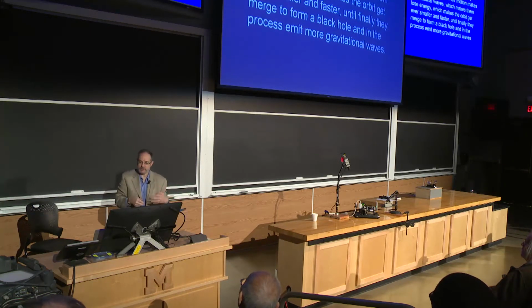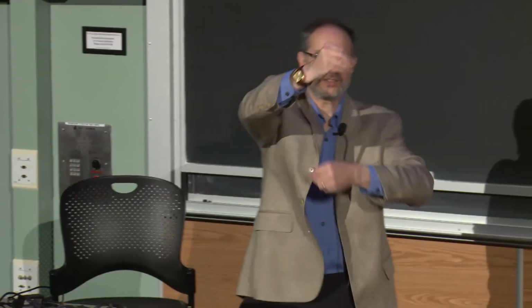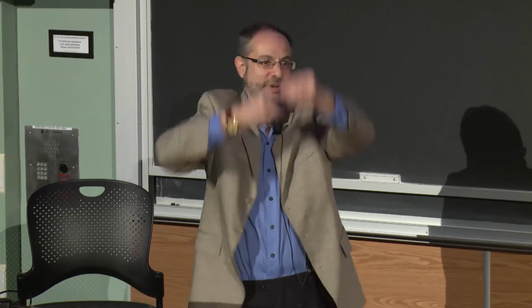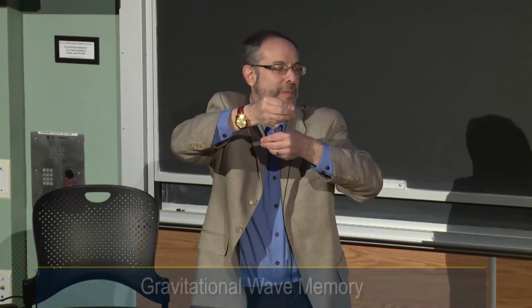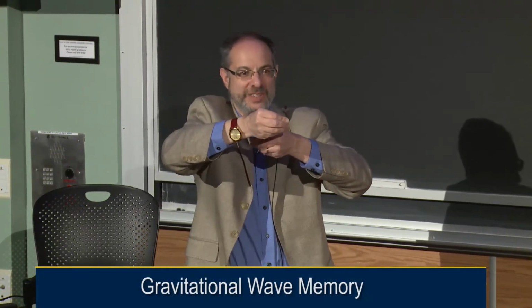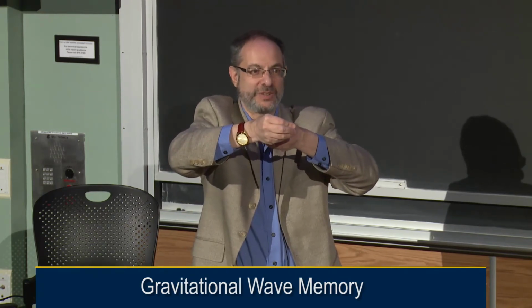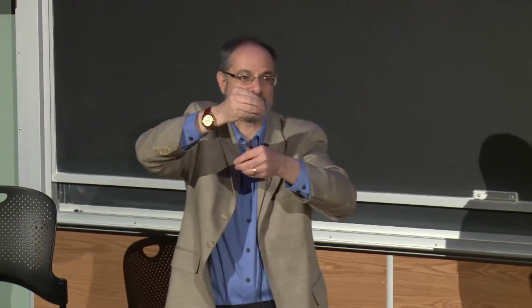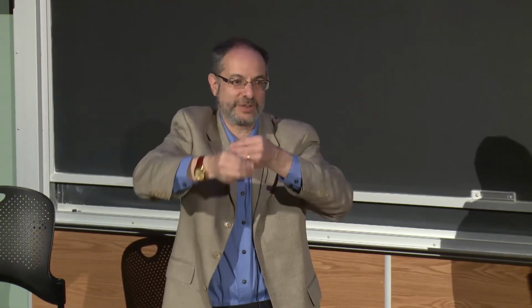Now, what happens when you have a system like that? Well, the gravitational field of each of these is pulling on the other, and so they orbit around each other like this. But because they're moving masses, that means they're making gravitational waves. And some of the energy in that system gets lost in the form of gravitational waves. And so these things will get closer to each other.